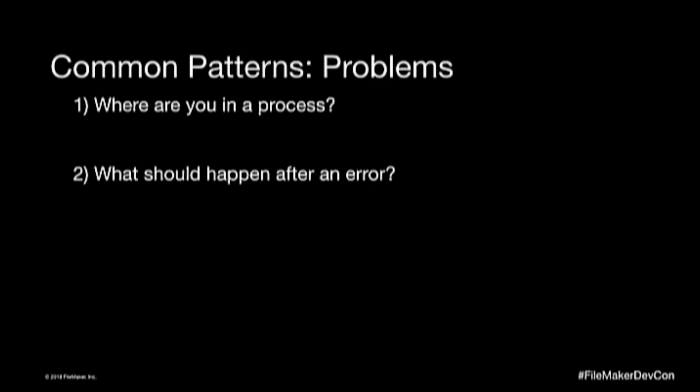If you do a find and you get an error 400, which means no records were found, the find was fine, it was structured fine, there was just nothing there, well, in lots of cases that's okay. Somebody hits an update these records button and it doesn't find anything, you don't even have to tell the user that it didn't. It updated everything it found, and that's great.